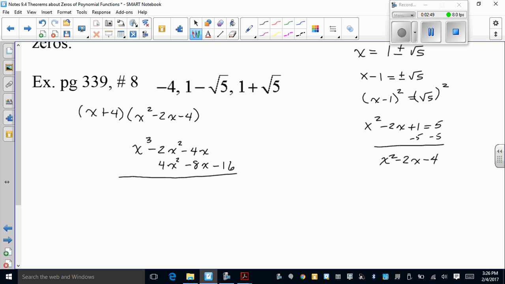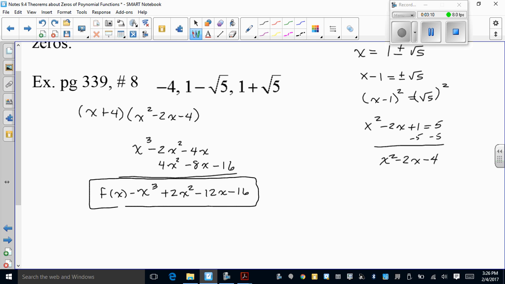So we get x cubed plus 2x squared minus 12x minus 16. There's our f of x. Degree 3, just like they said. Well, by now, hopefully you guys are just magicians when it comes to multiplying these out. Okay, let's try another one.